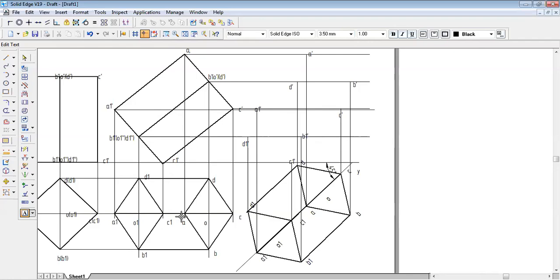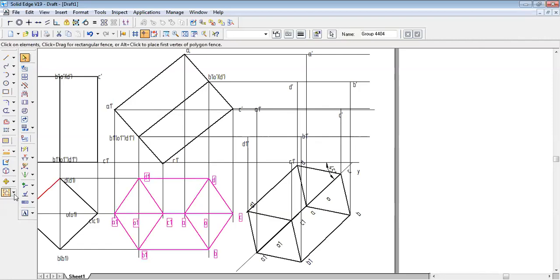And here another thing is, I forgot to tell you that I have to mark the hidden side. In this whole figure, we have to see which point is nearer to the xy line or touching the xy line. The nearer one is C1. The two lines touching C1 will become dotted.